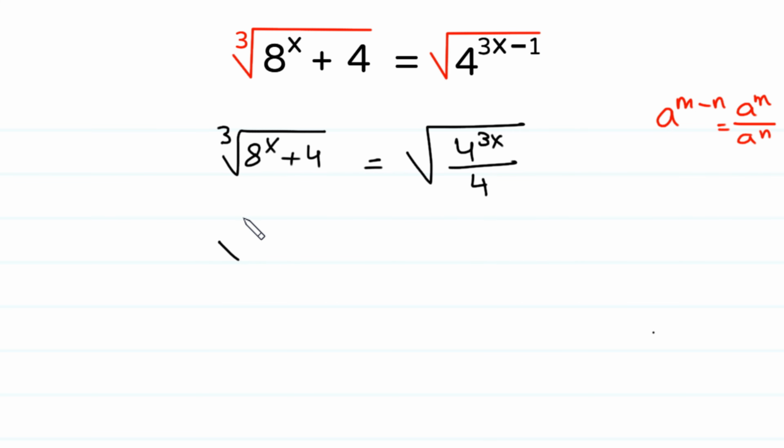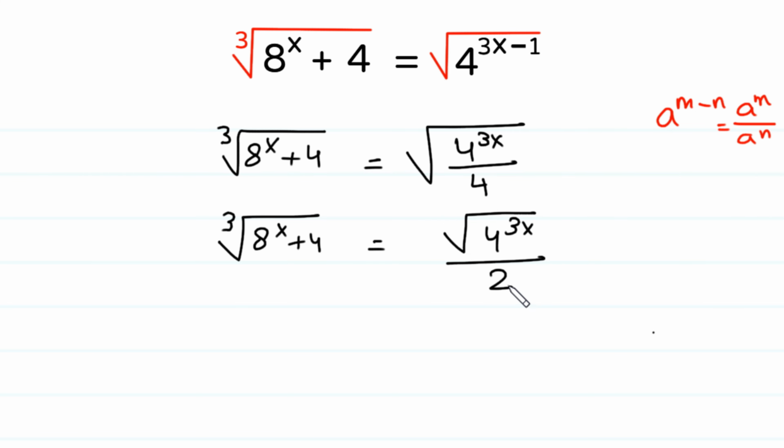Next, if we take the square root of this 4 to the power 3x over 4, the square root of 4 to the power 3x over the square root of 4, which is 2. Next we multiply both sides by 2.